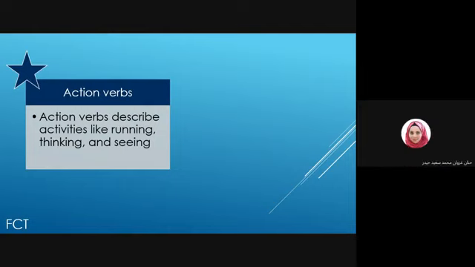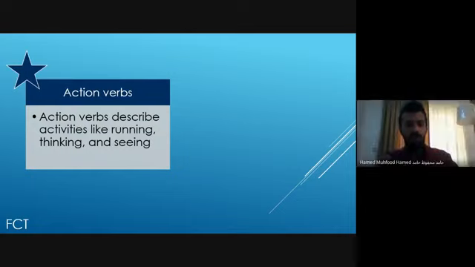This word describes actions like jump, cry, smile, break. Yes, that's right. So action verbs are those verbs that, as it is written in front of you, describe activities, that speak about real actions, like running, thinking, seeing, jumping, eating, right?